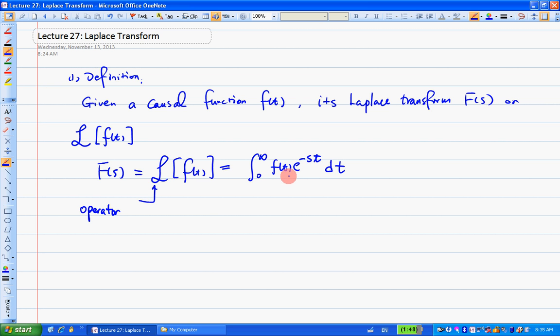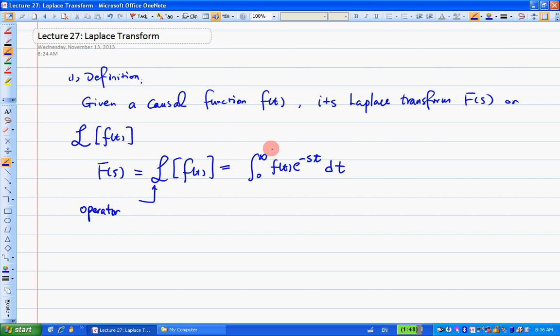If you look at this integral, it's integrating f of t multiplied by e to the power of negative st, and the dummy variable is t, integrating from 0 to infinity. Apparently, if the dummy variable is t, then there's only one variable s left, right? That's why you have a function of s here.